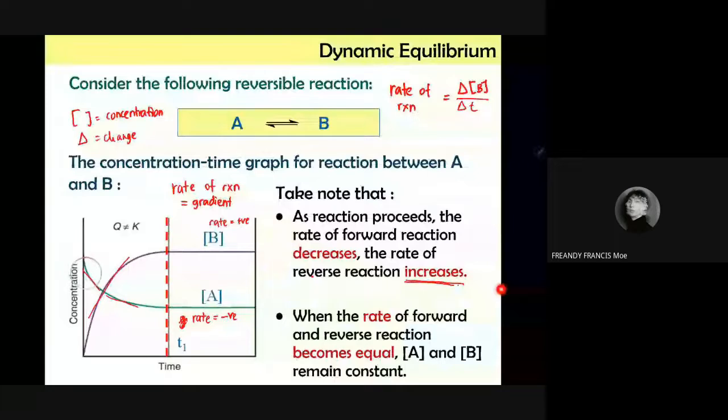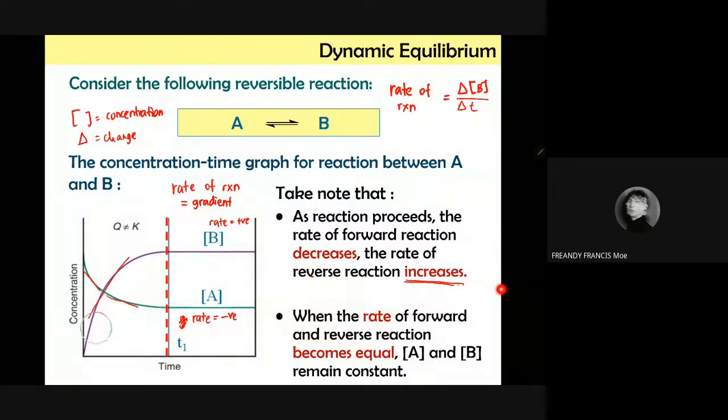Sebab kalau kita tengok dekat sini, gradient ini dekat kuadran 2. Jadi gradient dia negatif, tan dia negatif. Tangent of this curve is negative. Negatif, tapi nilai dia makin menghampiri kosong. Negatif ke kosong kita panggil meningkat nilai dia. So the rate of reverse reaction increases.